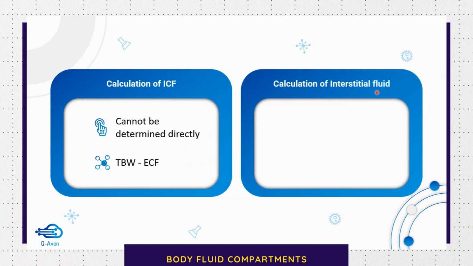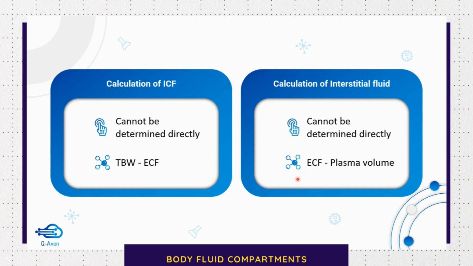Similarly, we have not determined interstitial fluid because there is no substance which will go into the interstitial fluid and remain there. Okay, so this also cannot be determined directly, but we can determine ECF and we can determine plasma volume. So if we subtract the determined plasma volume from the determined extracellular fluid, we will get the interstitial fluid.